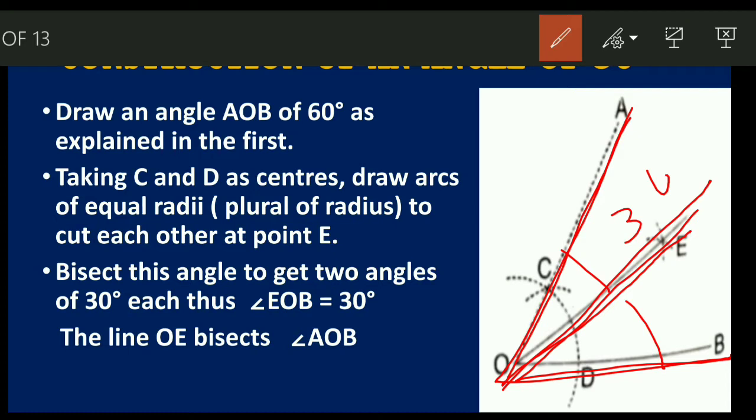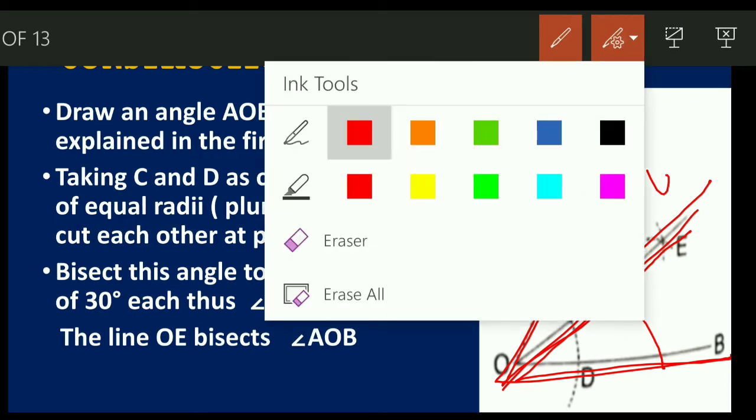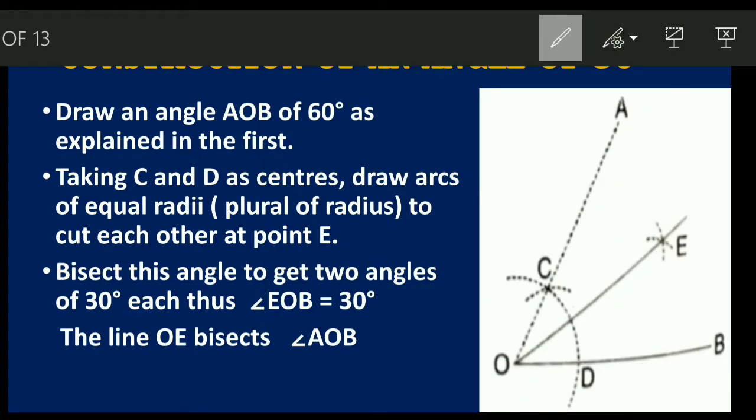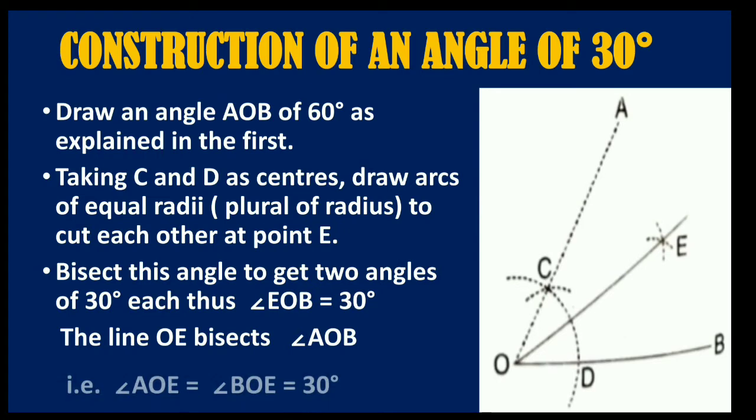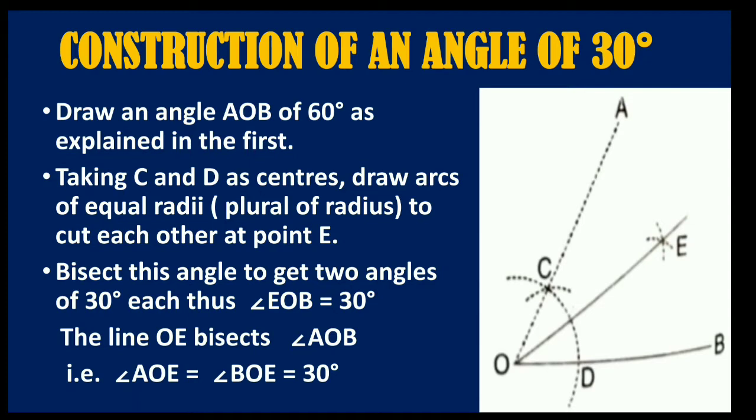So this is how you can draw angle 30 degree. So angle AOE equals angle BOE equals 30 degree. I hope you have understood how to draw 30 degree.